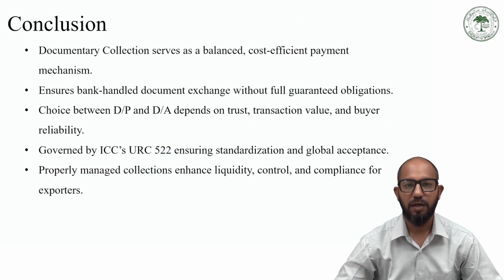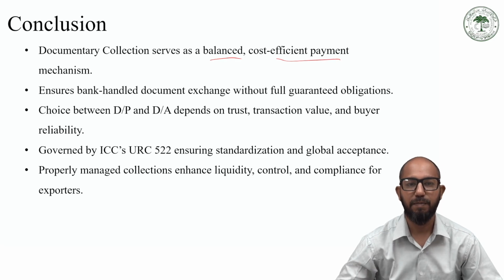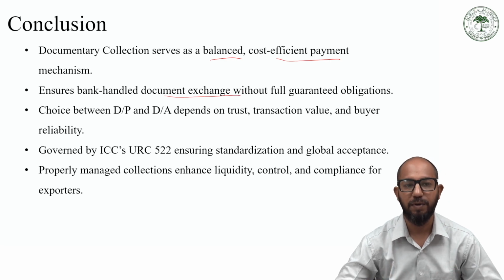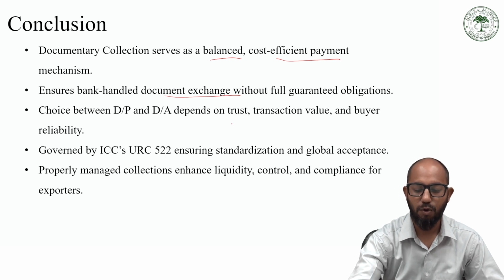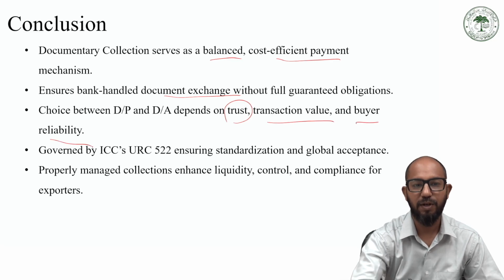Dear students, let us now conclude whatever we have discussed. We have discussed and learned that documentary collection serves as a balanced, cost-efficient payment mechanism. We have also appreciated the point that documentary collection ensures bank-handled document exchange without full guaranteed obligations. The choice between DP, that is payment, and DA, that is acceptance, depends on the level of trust, transaction value, and buyer's reliability.